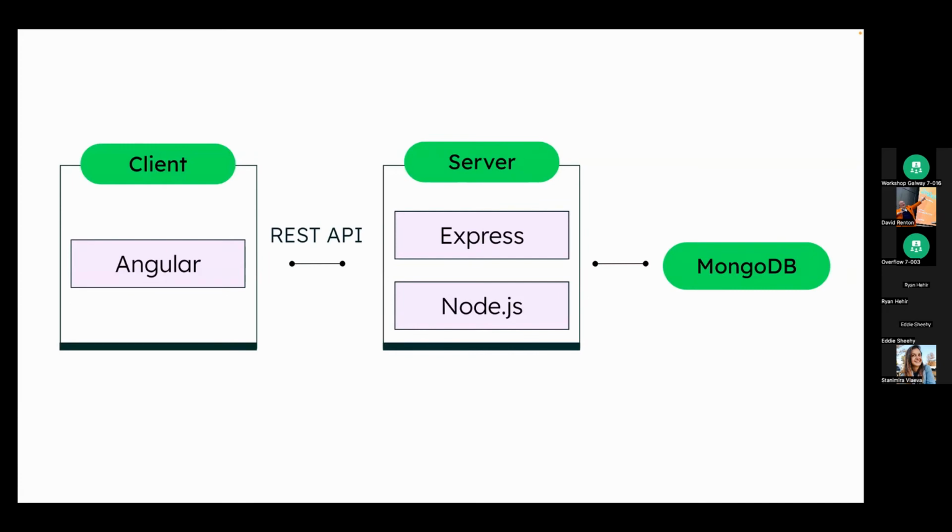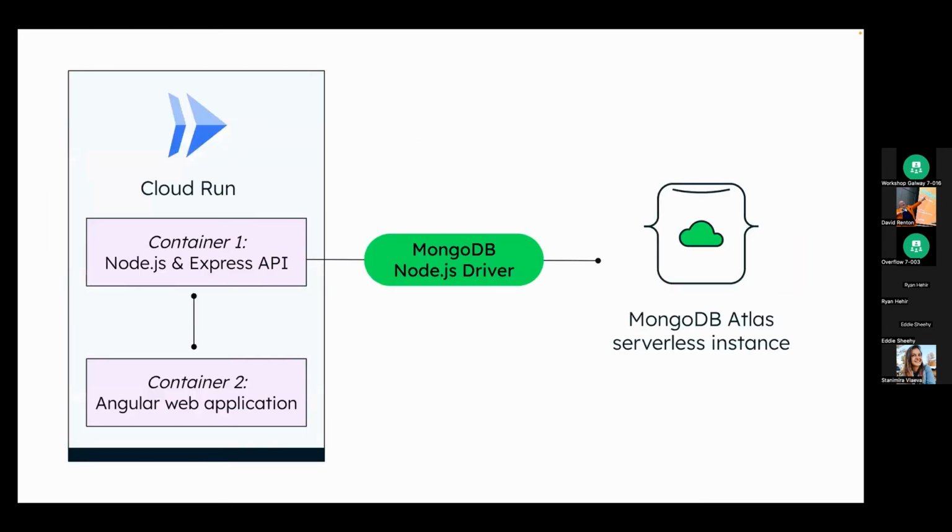So on the client, we have a web application that is using Angular. The web application communicates through a REST API with a server that is built on top of Node.js and Express. And that server, on the other hand, communicates with the database, which is a MongoDB database. And in our particular serverless architecture, we will have 2 services in Cloud Run, so 2 different instances.